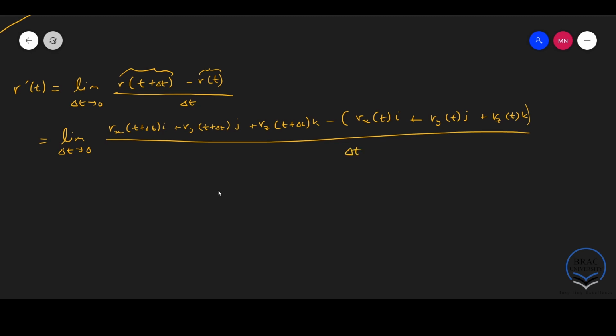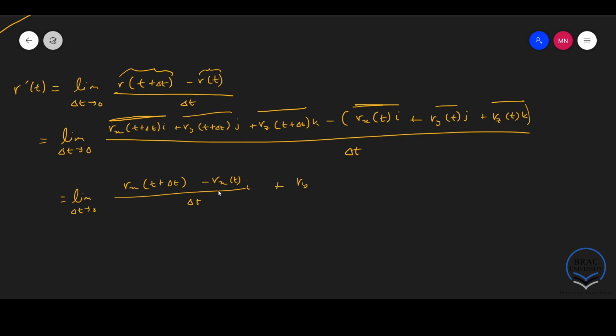So I can group my i, j and k components together. I can write this as the limit as delta t approaches 0 of rx of t plus delta t minus rx of t, divided by delta t, i, plus ry of t plus delta t minus ry of t, divided by delta t, j, and then for k.